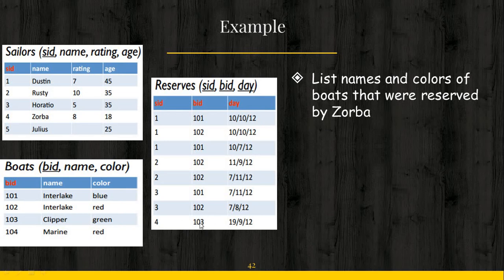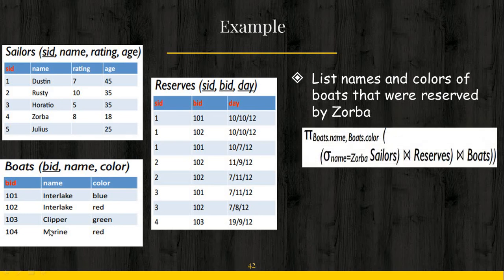I can say that from the reserves table, and from the boats table I can say that 103 is the Clipper and the color is green. So only Clipper and green would be our answer, and for this question, we can write the relational algebra in this way.